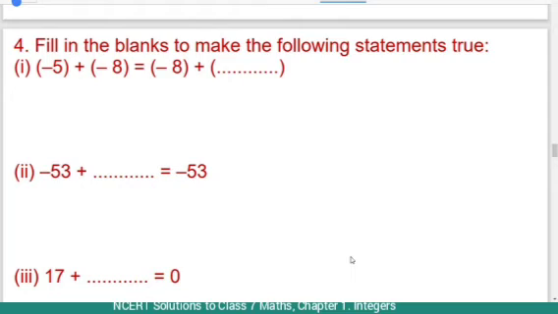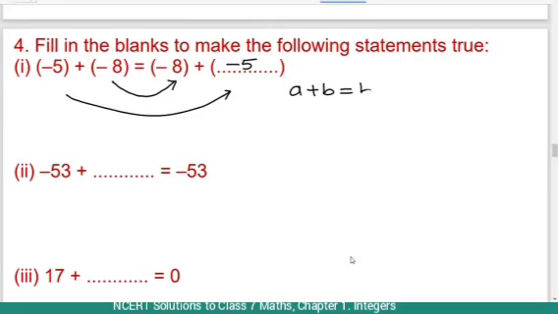Fourth question, fill in the blanks to make the following statements true. So the first one is given like this. Here -8 on the left hand side, and on the right hand side also -8. And -5 is there, meaning here also -5.